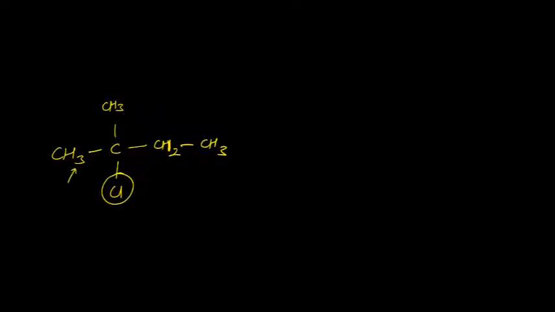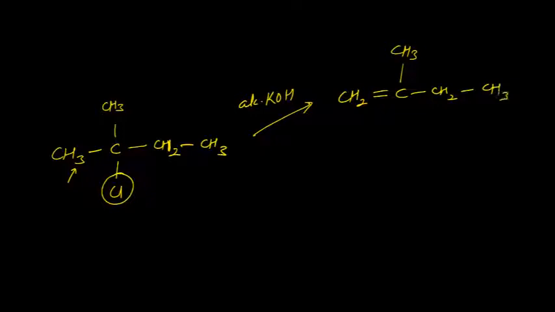So one possibility is that chlorine goes from here and hydrogen goes from here. In that case, the compound will be CH2=C(CH3)CH2CH3. Another possibility is that chlorine goes from here and hydrogen goes from this beta carbon. So this is beta, this is beta.